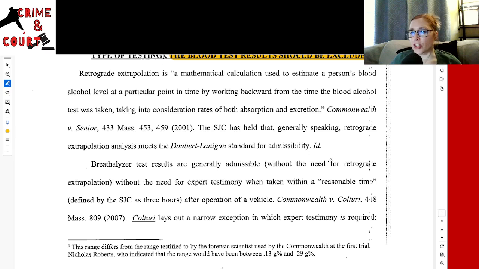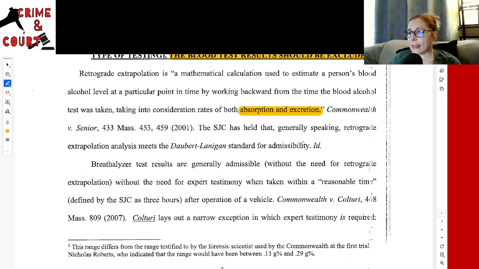Retrograde extrapolation is a mathematical calculation used to establish a person's blood alcohol level at a particular point in time by working backward from the time the blood alcohol test was taken, taking into consideration rates of both absorption and excretion. So you sweat it out, you absorb it, you urinate, and you lose some of that blood alcohol. So they're not even taking those things into consideration here.